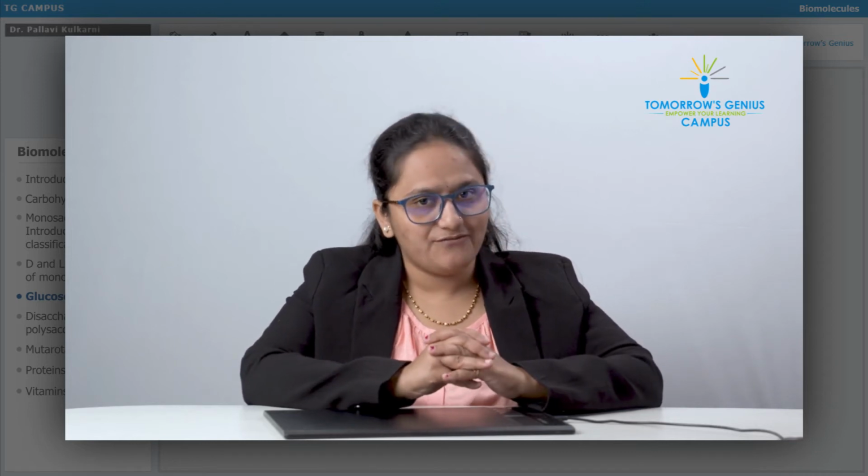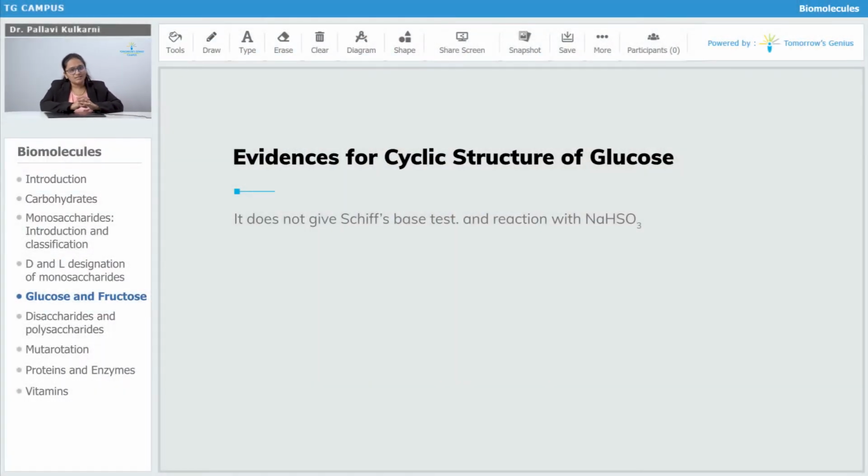The very first evidence is glucose cannot give the Schiff-Base test, and it also cannot give the reaction with sodium bisulfite. To explain this, let us see what the Schiff-Base test as well as the reaction with sodium bisulfite is.